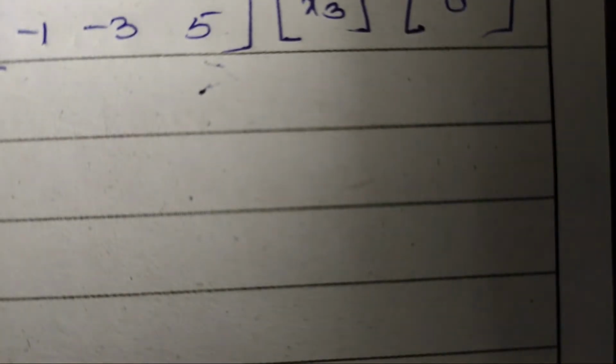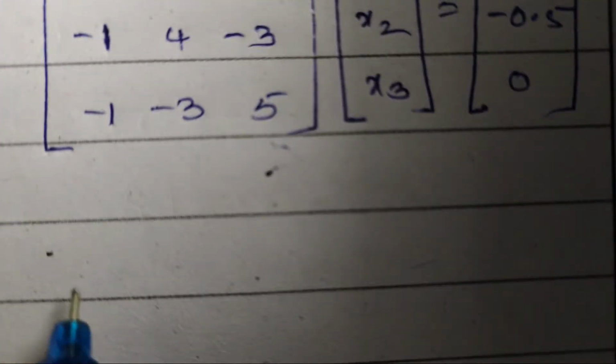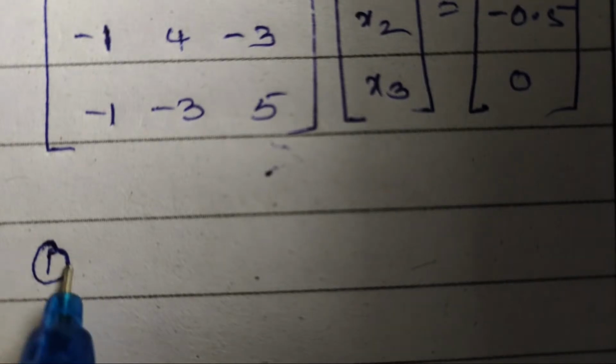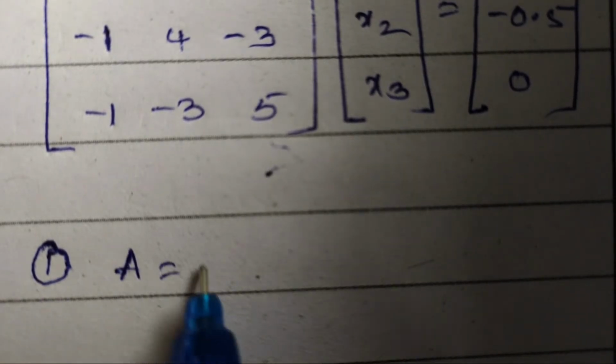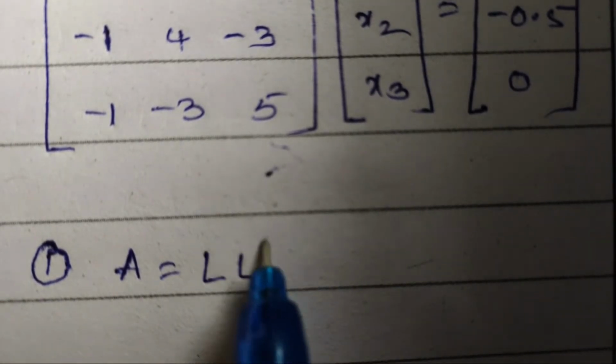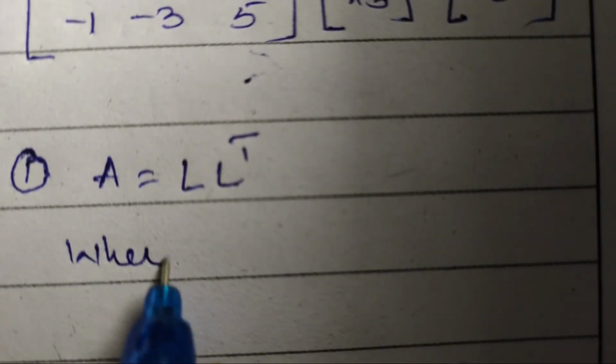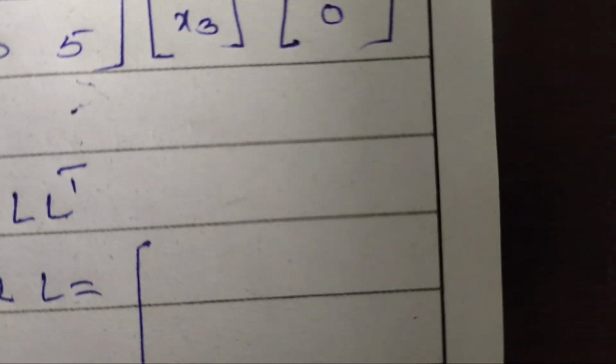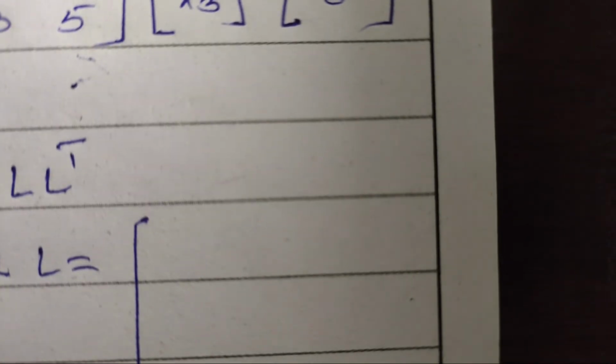What is the first step for the Cholesky problem? First step, A equals L into L transpose, where the L matrix stands for lower triangular matrix.